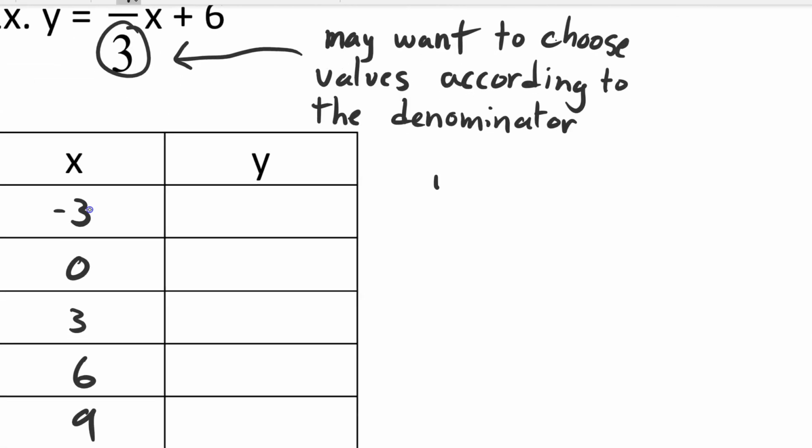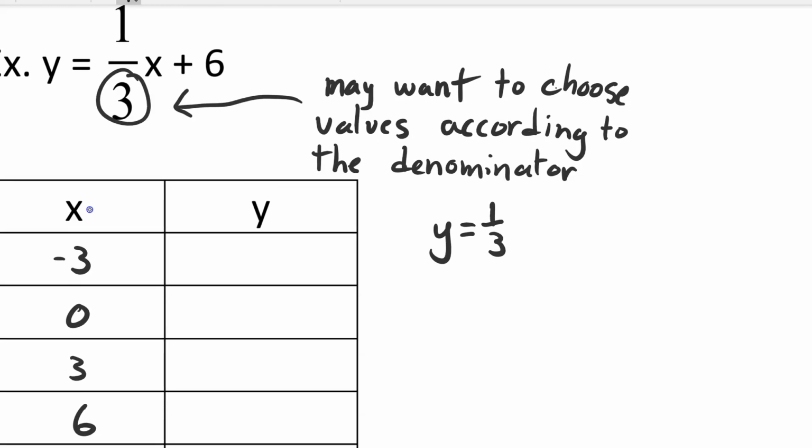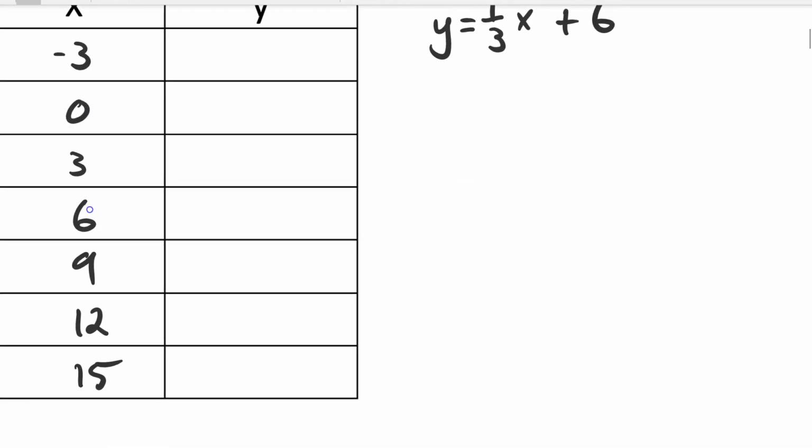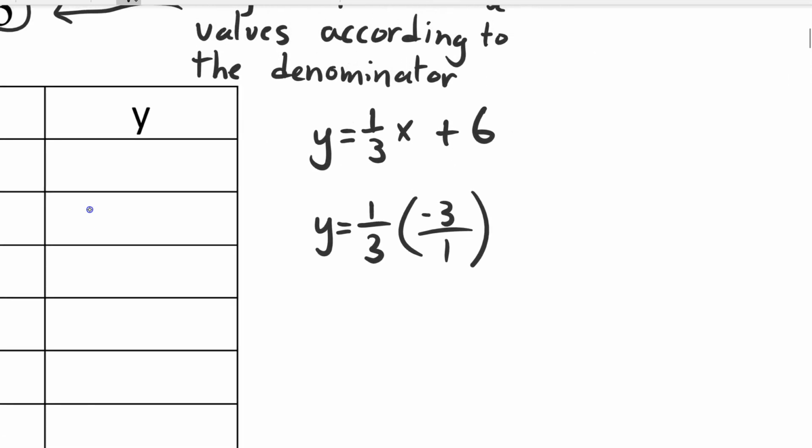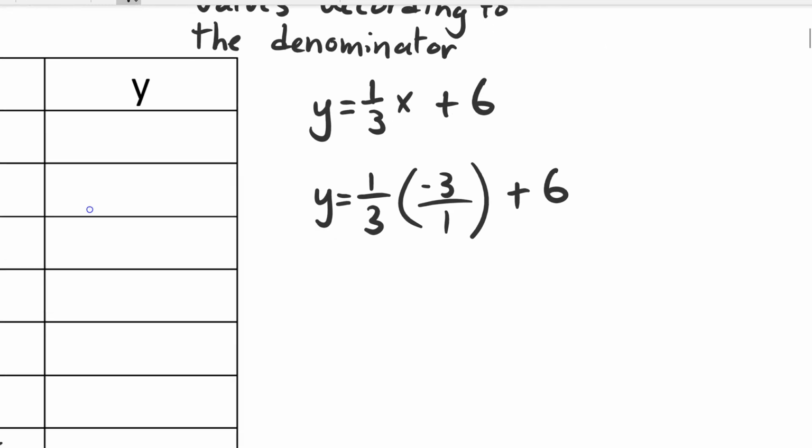Now, with the equation that we have, y equals 1 over 3 x plus 6. So we're looking for a third of x every time. So y equals 1 over 3, and we're going to input our value for x. Now, our value that we're going to be using is, in brackets, negative 3 over 1, because our denominator would always be 1 if there's not 1 listed there. And then we finish the equation by adding our plus 6.